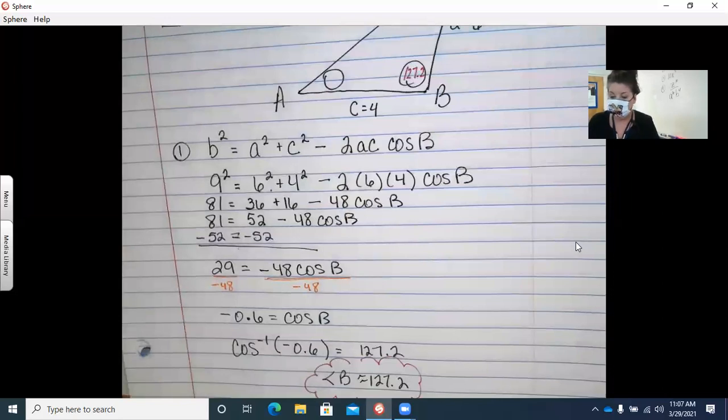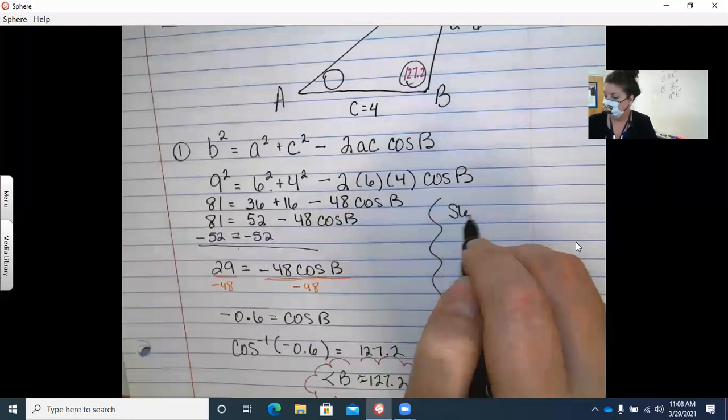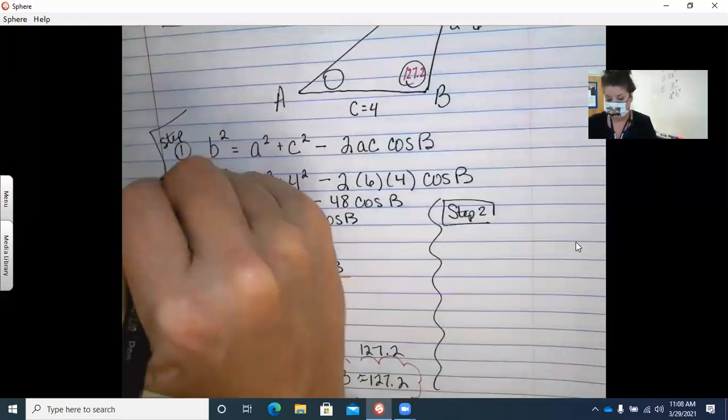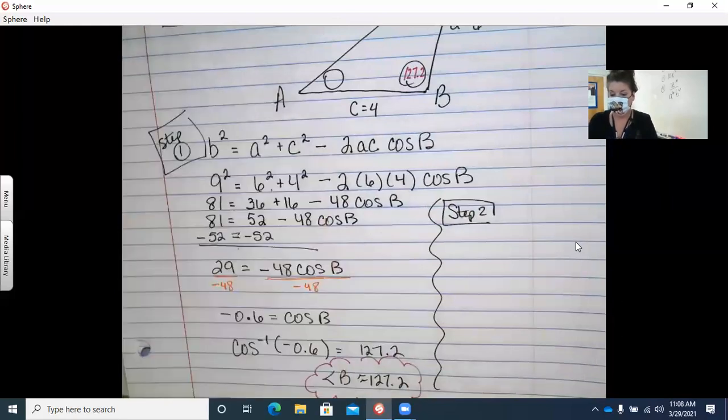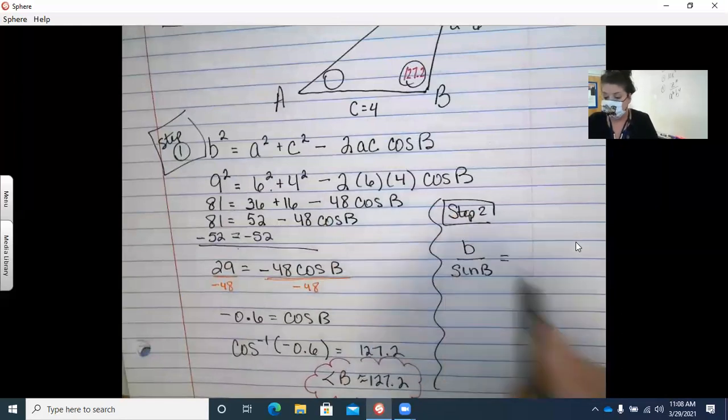Step 2, use the law of sines to find either of the two remaining angles. So let's see. I know angle B and side B, so I'm definitely using B over sine of B. And then I can either do A over sine of A or C over sine of C, it doesn't matter.